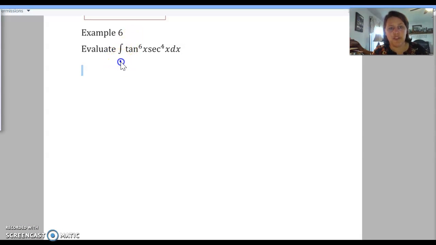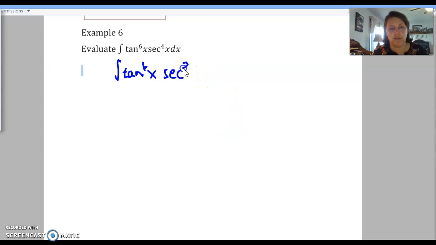But for this one in particular, let's try tangent to the 6th x. Let's try splitting up our secant squared. So whereas before we were really looking for those even or odd numbered exponents, this time we're interested in the even numbered ones also, because I need a secant squared x to substitute a u for tangent.